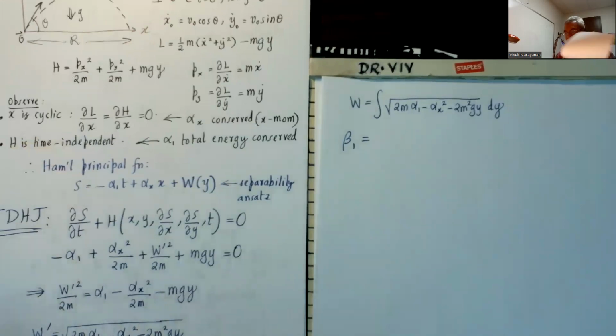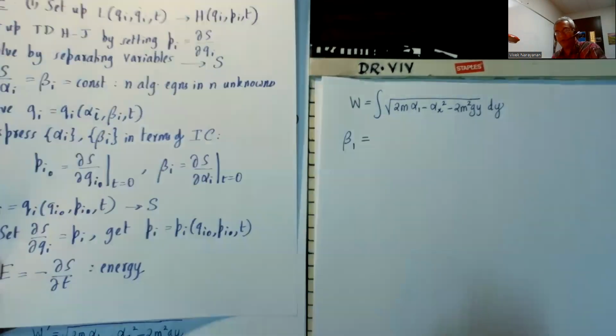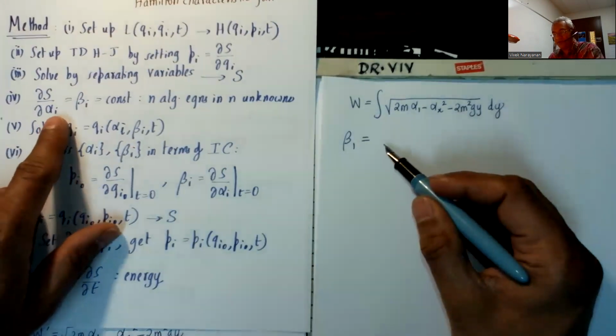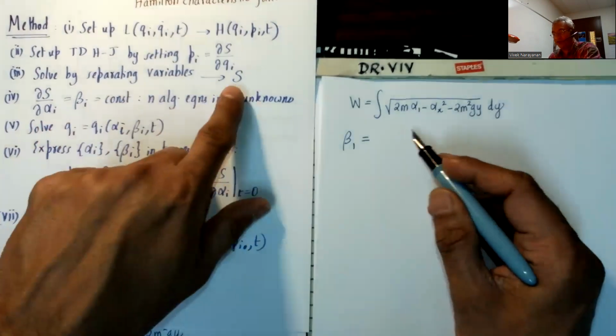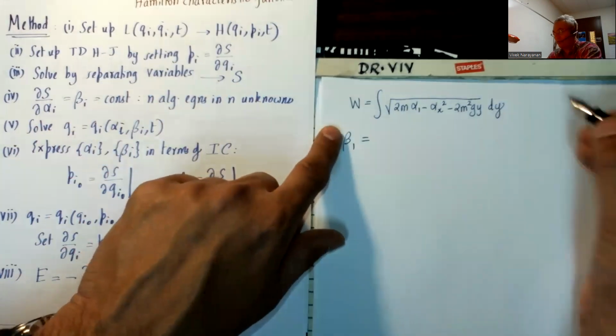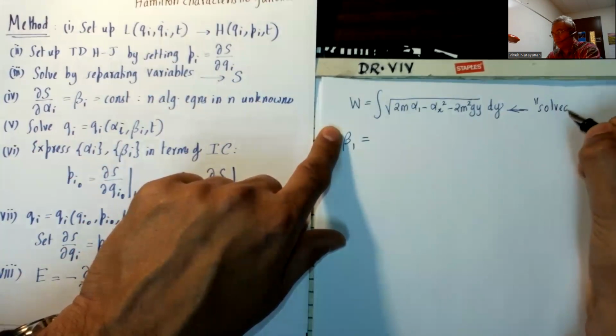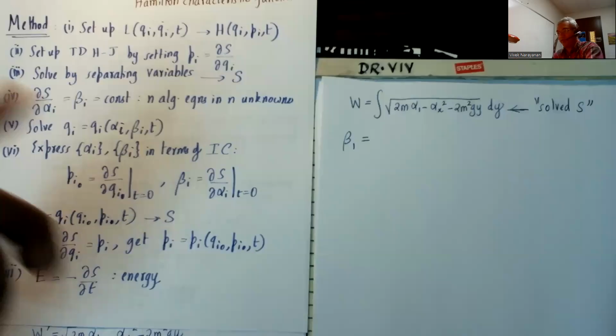I want to just keep this over here, our cheat sheet. Separating variables, we've done, so we have solved this. Why have we solved S?